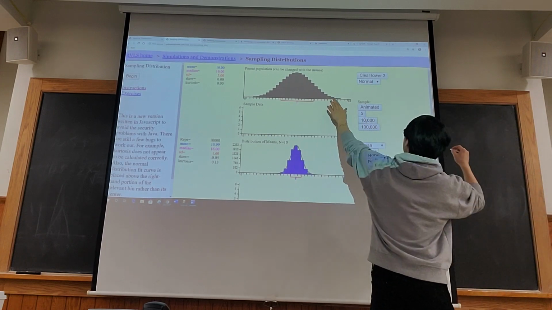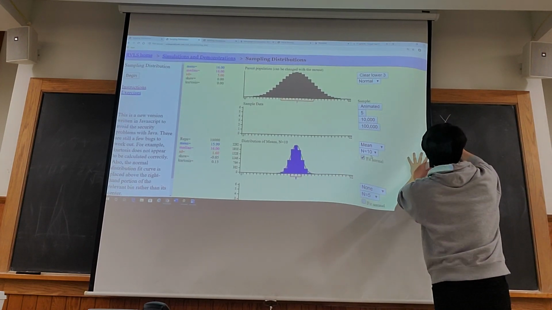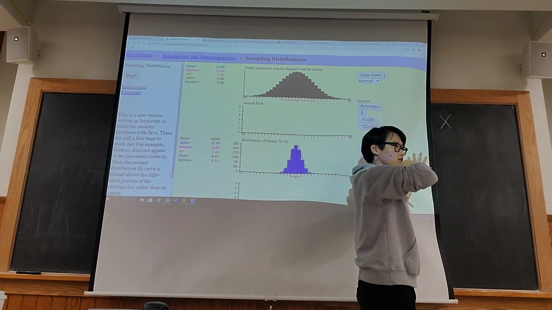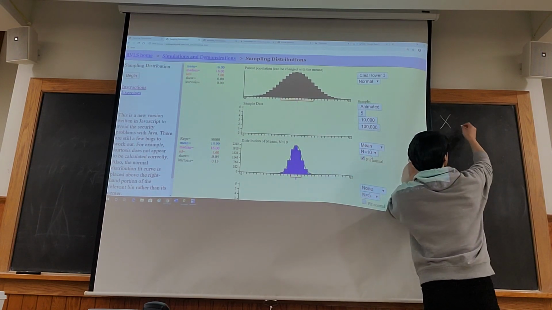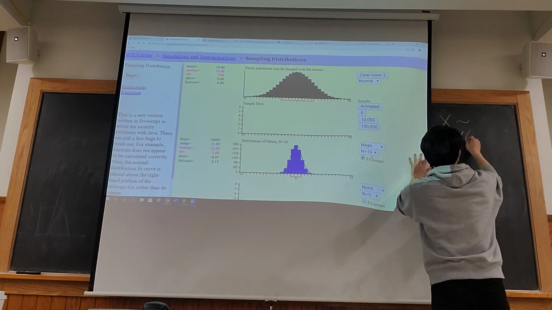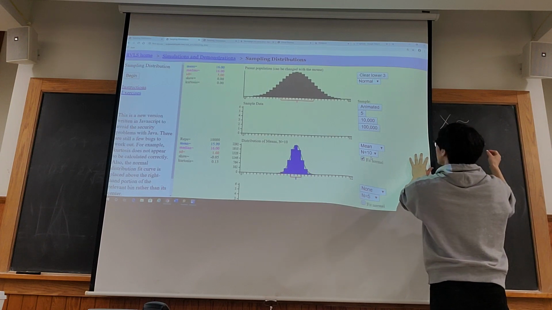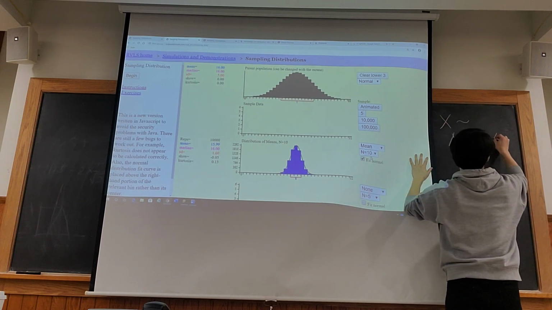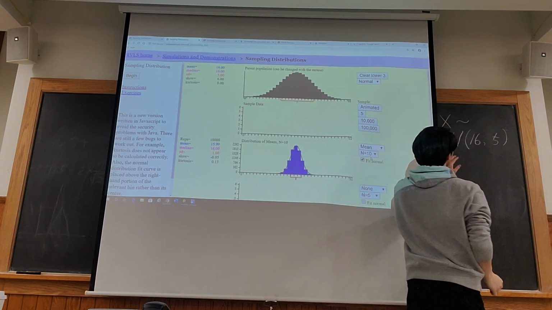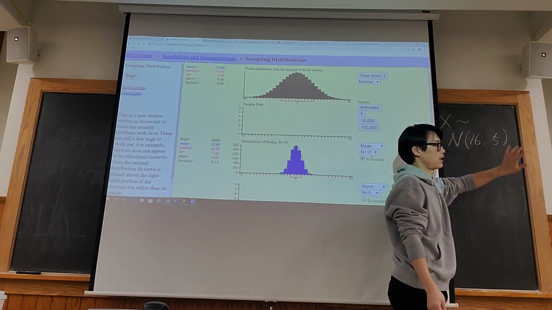So we have the population distribution. Let's say X is the random students' heights at U of Iowa, and I know that it follows the normal distribution, whose mean is 16 and the standard deviation is 5. So X follows the normal distribution 16, 5, right?